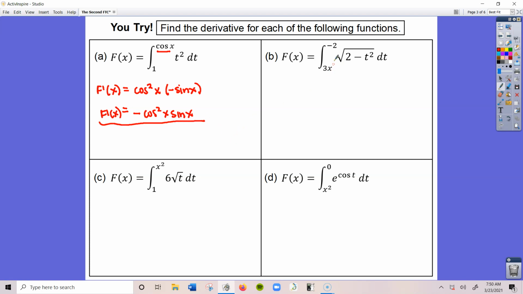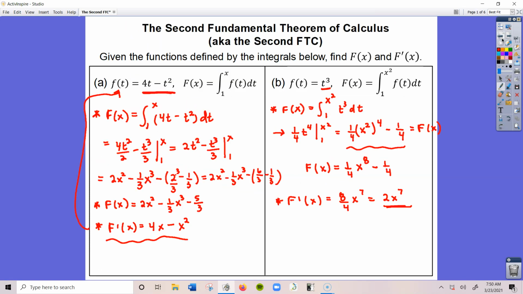Now over here, we see that the limit of integration is actually in the bottom, not on the top. In the other examples, the function from the limit of integration is usually at the top. If you think about this process that we did over here, I'm just going to show you really quickly. You see that when we plug in, let's say x squared, it's the function and then minus the constant.